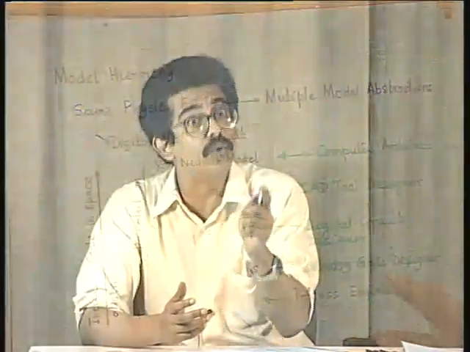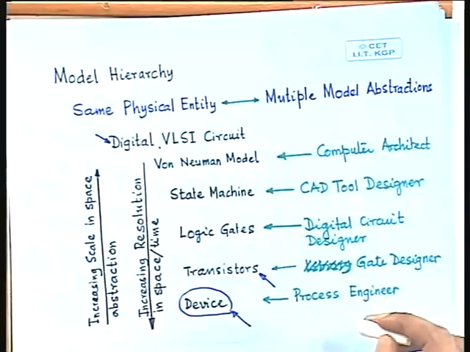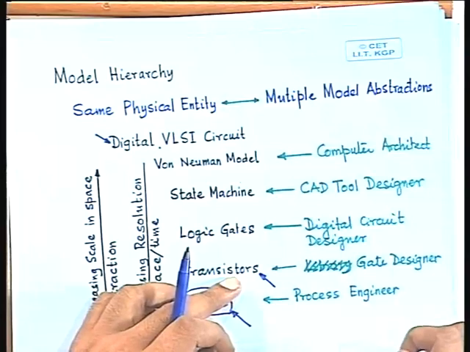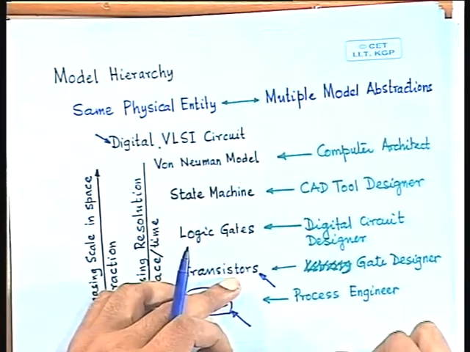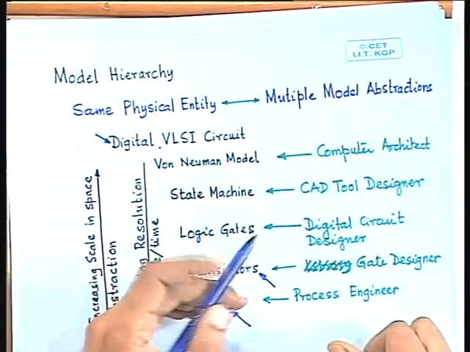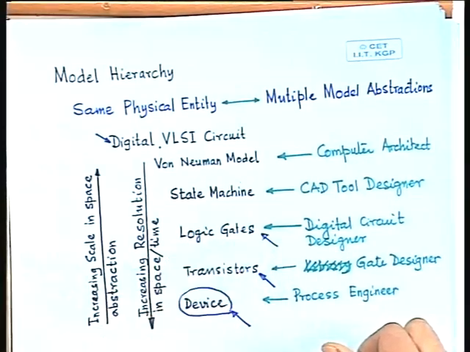So he had to look at the same gate as a nonlinear transistor circuit for his purpose. The gate designer never looked at the gate as a truth table. He looked at it as a coupled nonlinear differential equation representing that transistor circuit. On the other hand, you always look at it as logic gates.